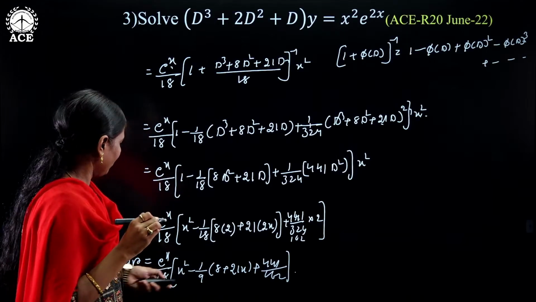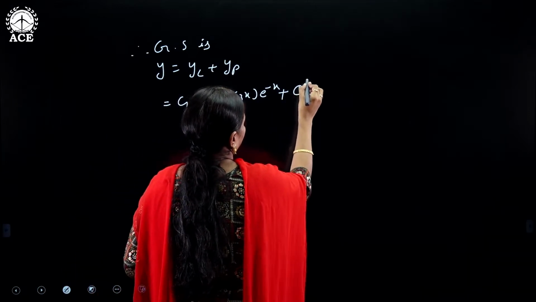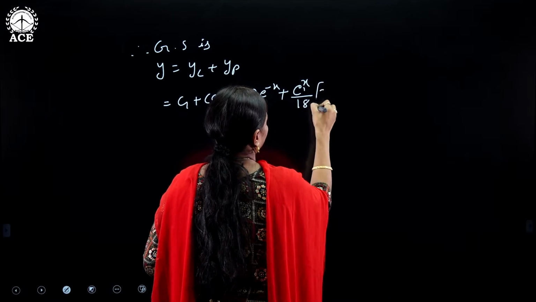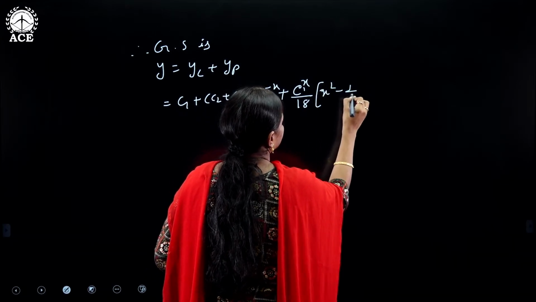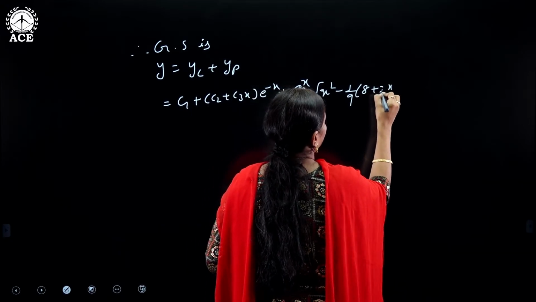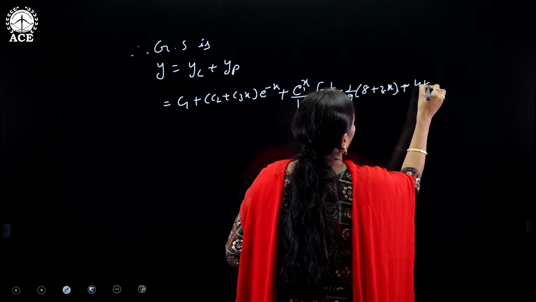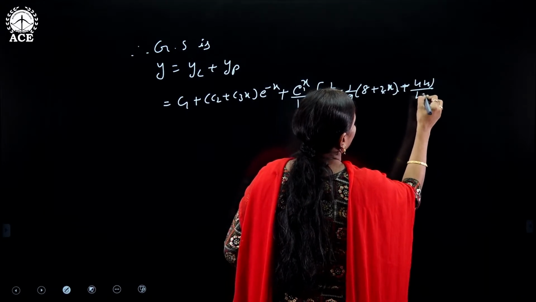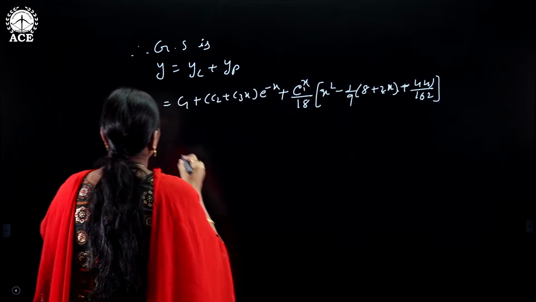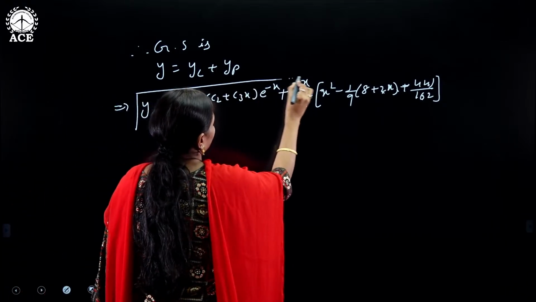So this is the yp. yp is equal to e power x by 18 into (x square minus 1 by 9 into (8 plus 21x) plus 441 by 162). So this is the required general solution of the given differential equation.